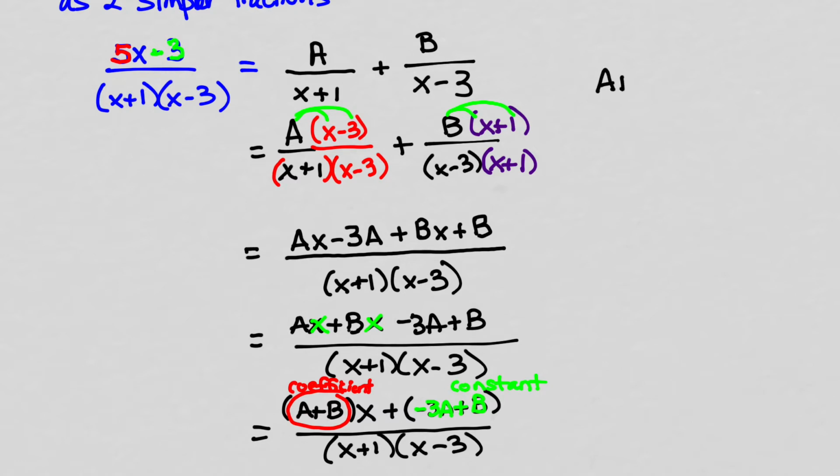A plus B, which is my coefficient on X, has to equal what number? 5. You guys see that, right? And then the other thing, negative 3A plus B, has to equal my other number, which is negative 3, right?